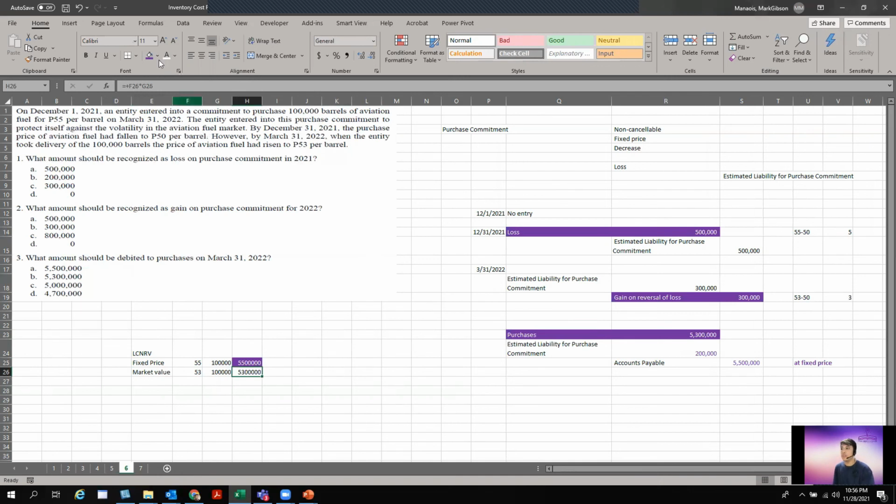So kaya we record it at how much? 5.3 million. So kung napansin mo, this is still applying the lower of cost and net realizable value. So yun lang, pinatunayan lang natin that accounting for purchase commitment still follows the LCNRV.